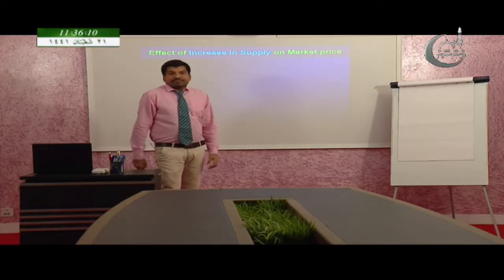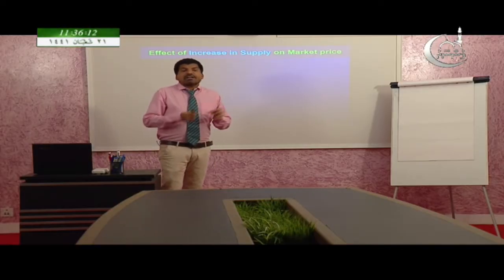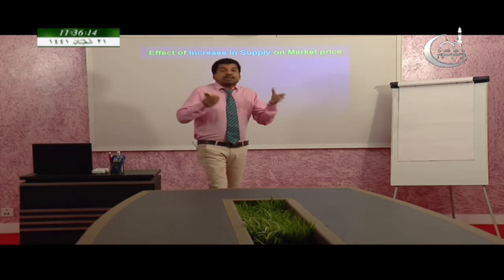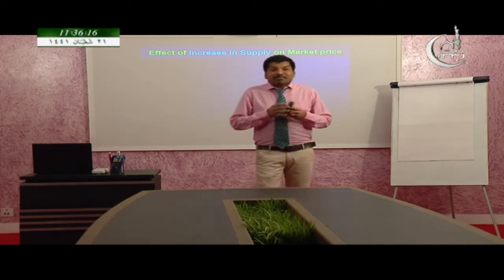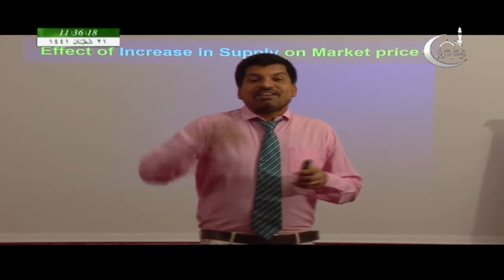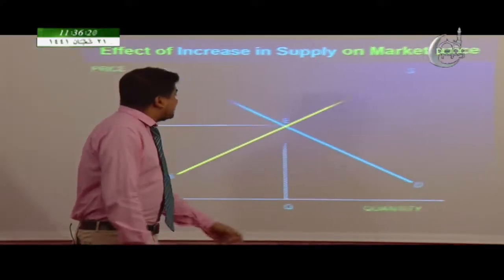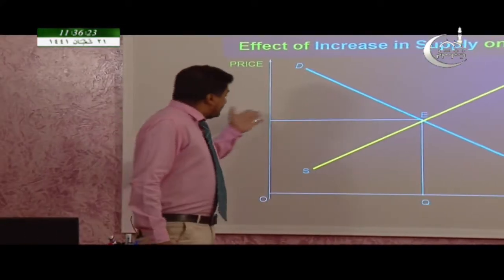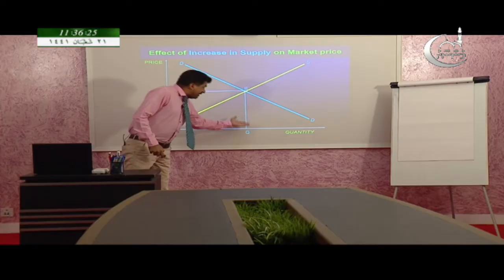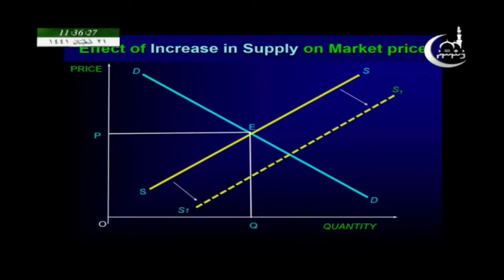And the next one, increase in supply. What will happen to the market price if there is an increase in supply? An increase in supply means the supply curve will shift to the right. As usual, the initial equilibrium price is P and equilibrium quantity is Q. Look at this, the supply curve shifts to the right to S1. That means the S1 curve shows an increase in supply.